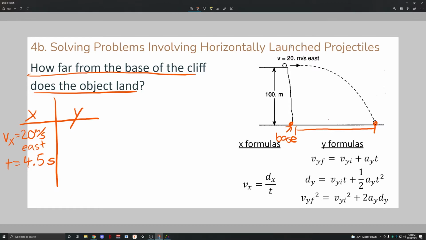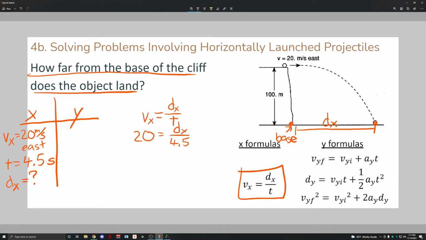What is this asking you for? They are asking you for horizontal displacement. And now that you figured out what time was from the last slide, we can use the x side to solve for dx. So vx is 20, dx is dx, time is 4.5.